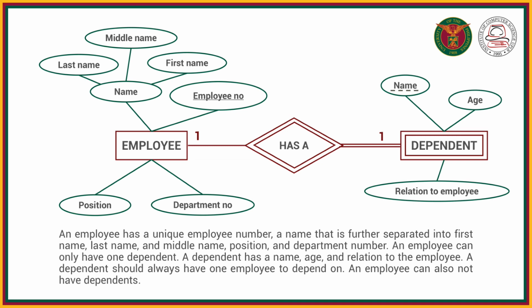For the cardinality, this is a one-to-one cardinality because it says here that an employee can only have one dependent. So if an employee specifies a dependent, only one can be specified. So since this is a weak entity, we used a double diamond for our relationship. And take note that every time there is a weak entity, it is always a total participation.